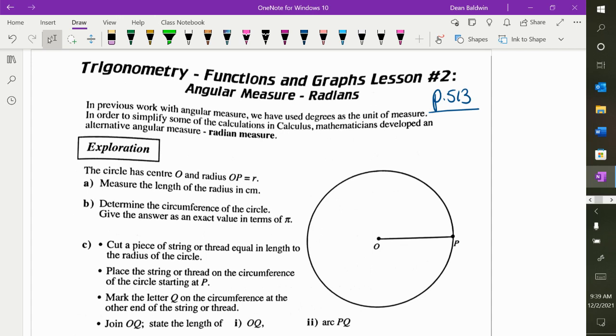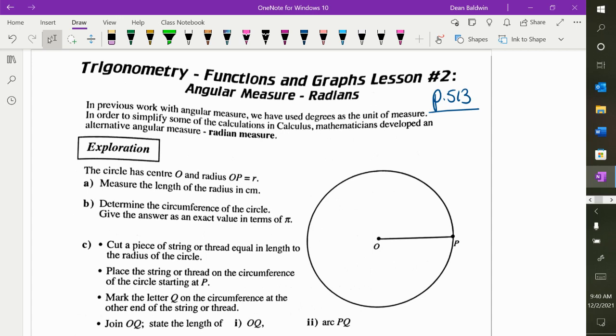All right. So, for those of you going on to calculus, or if you're taking any other math classes, when you get to the higher maths, measuring in degrees isn't always feasible or simple. So we use another unit of measurement called a radian.